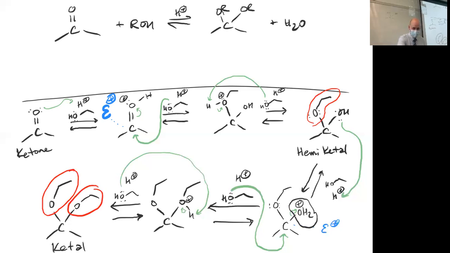So if we add a whole bunch of alcohol, then we're increasing our concentration of starting materials, which will push our reaction towards product. If we add a whole bunch of a product molecule, like water in this case, then we're increasing the concentration of product, which would shift it back towards starting materials.